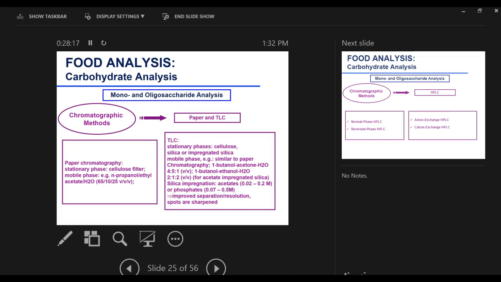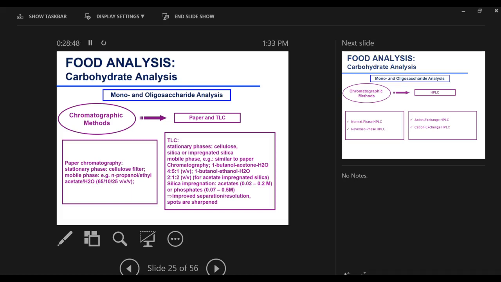Give me an example of thin layer chromatography: you can use cellulose, silica, or impregnated silica. The mobile phase is similar to paper chromatography. It's an organic phase. So, okay, refresher: if you have an organic mobile phase and a polar stationary phase, is this normal phase or reverse phase chromatography? Raise your hand.